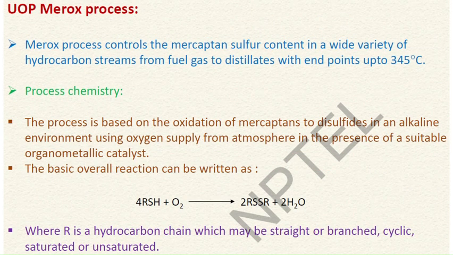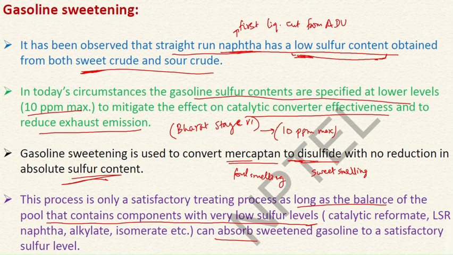Now coming on to another purification procedure. This is also a sulfur purification procedure, which is the UOP Merox process. This Merox process controls the mercaptan sulfur. It is basically a gasoline sweetening procedure only.